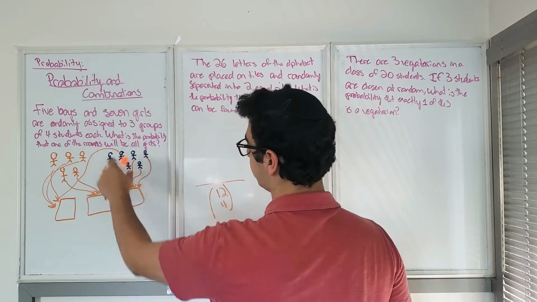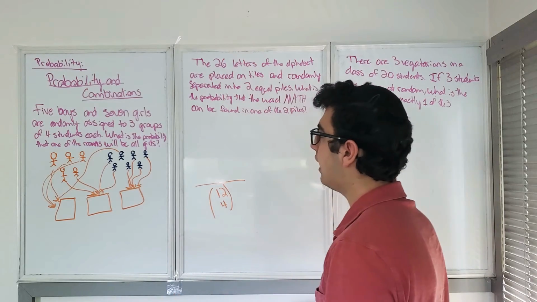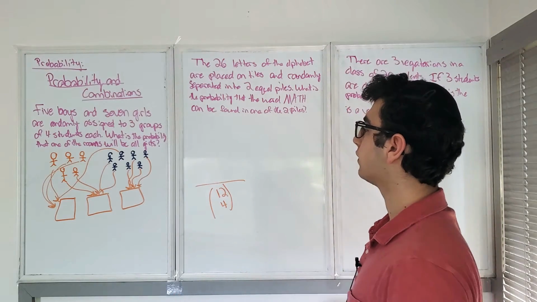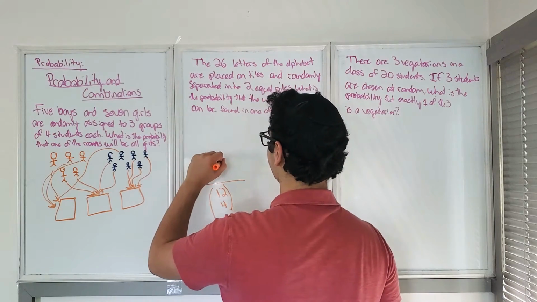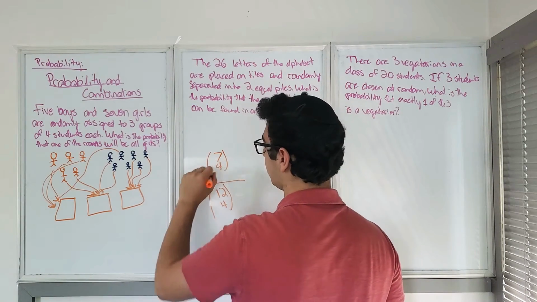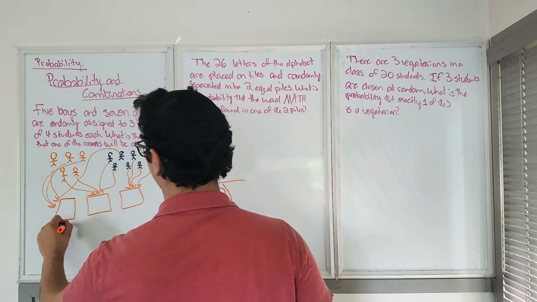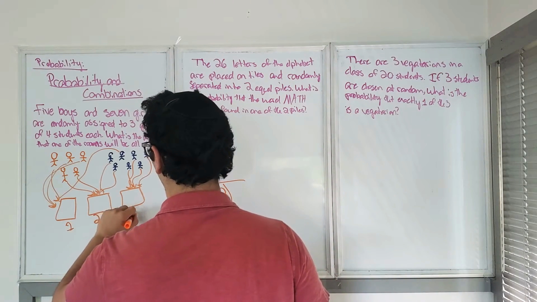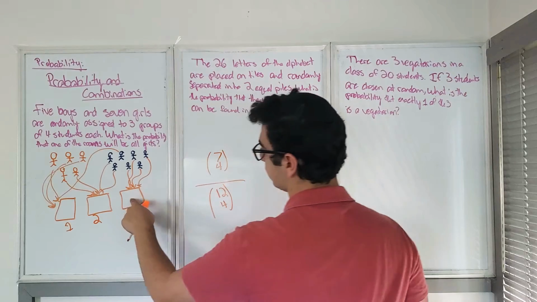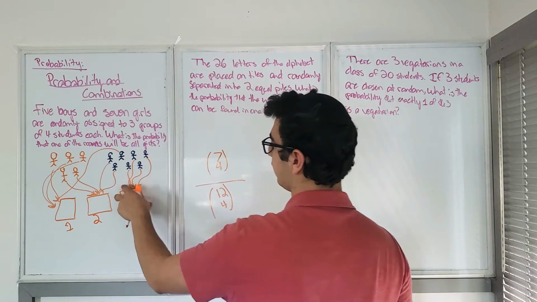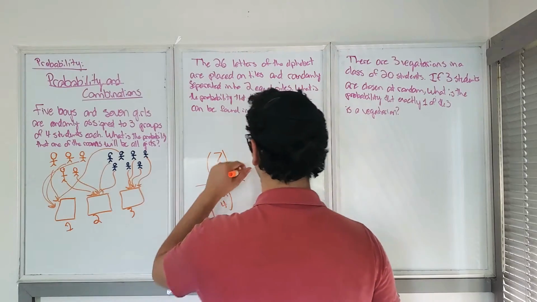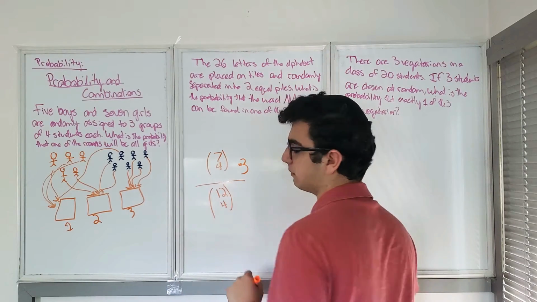So we have 12 and we're just choosing 4. And then in the numerator, we're going to have these 7 girls, choosing 4 of them to go in there. And then we also need to take into account the order. So if this one's being filled, we need to multiply our answer by 3 because it's not only this one that can be filled, but also this one or this one. So this right here would be our answer.